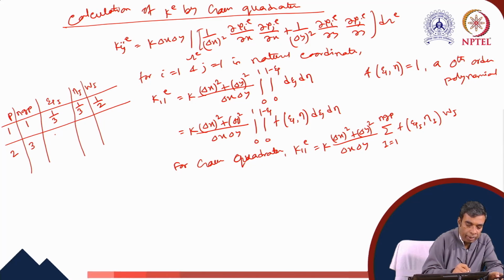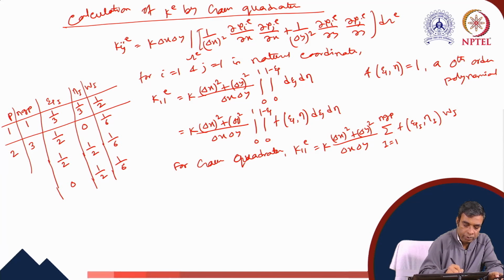Our quadrature positions are half, 0, the weight is 1/6. This is for the first quadrature point. For the second quadrature point, our coordinates are half and half, weight is 1/6. For the third quadrature point, our coordinate is 0, half and the weight is 1/6.